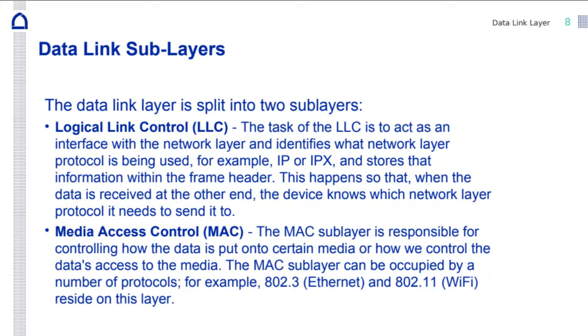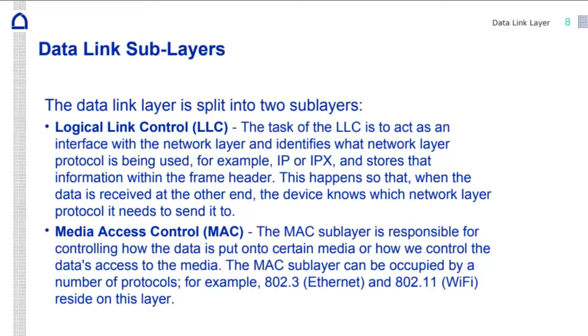This happens so that when the data is received at the other end, the device knows which network layer protocol it needs to be sent to. I think this is clear, right? So it is close to the network layer. It will identify the network layer protocol. For example, is it IP or IPX?